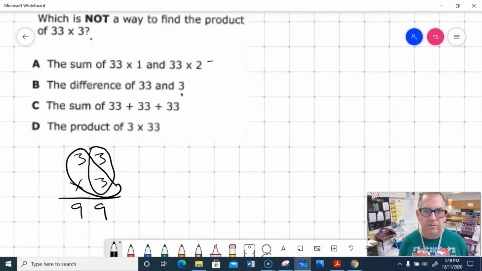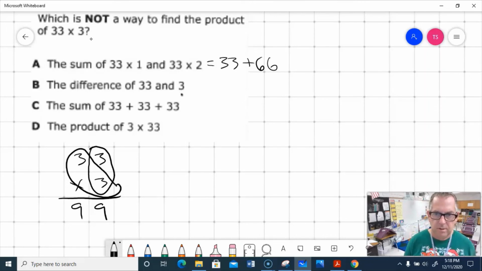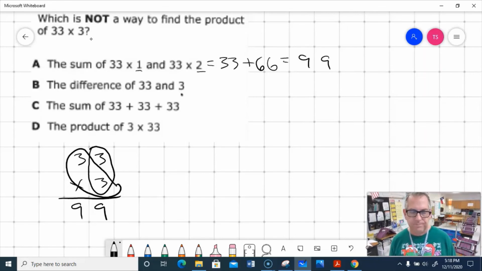I know that 33 times 1 is 33. And 33 times 2, I'm just basically doubling 33, that'd be 66. And the sum of 33 and 66 is 99. Okay, and basically we can tell that's correct because I'm basically multiplying 3 times 1 and 3 times 2.